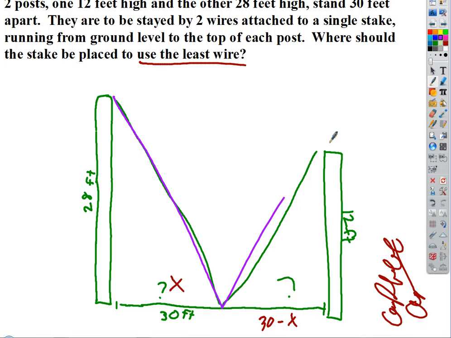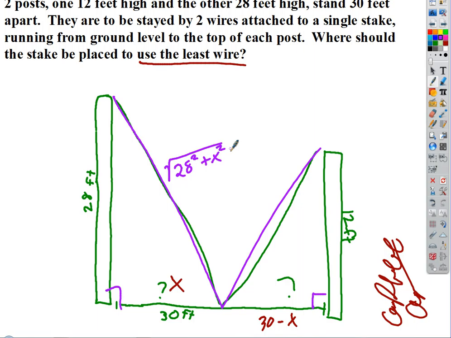Okay, so how are we gonna do that? Pythagorean theorem twice, right? What are we gonna get from the left right triangle? Because these are both right triangles. So this distance right here is gonna be the square root of 28 squared plus x squared, agreed?